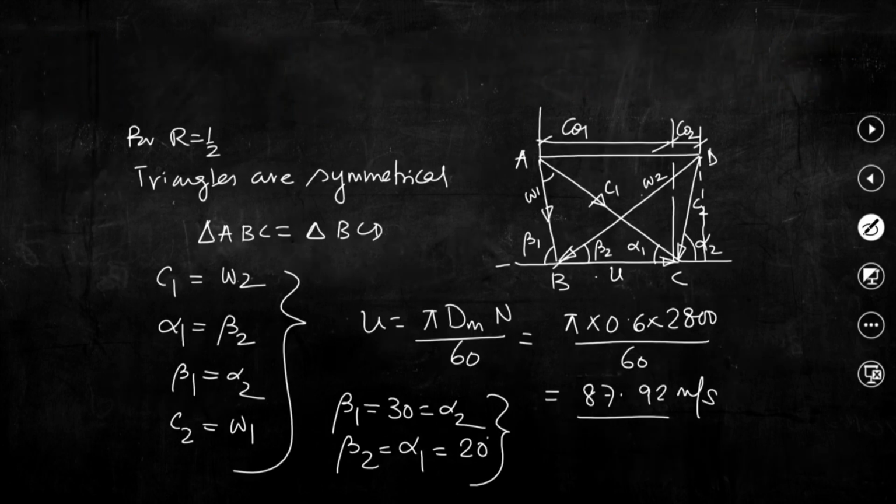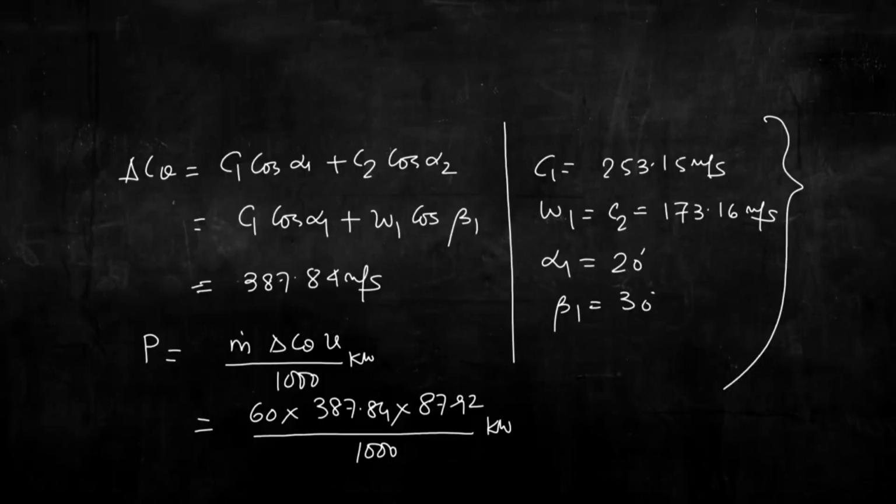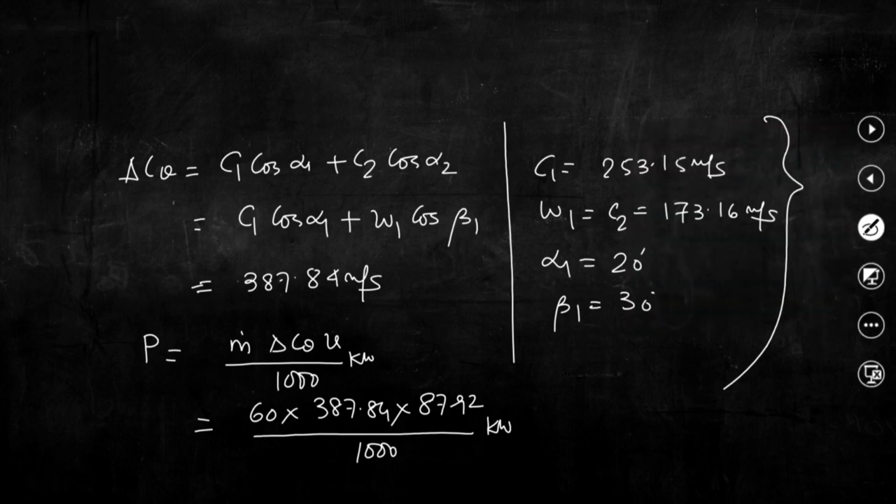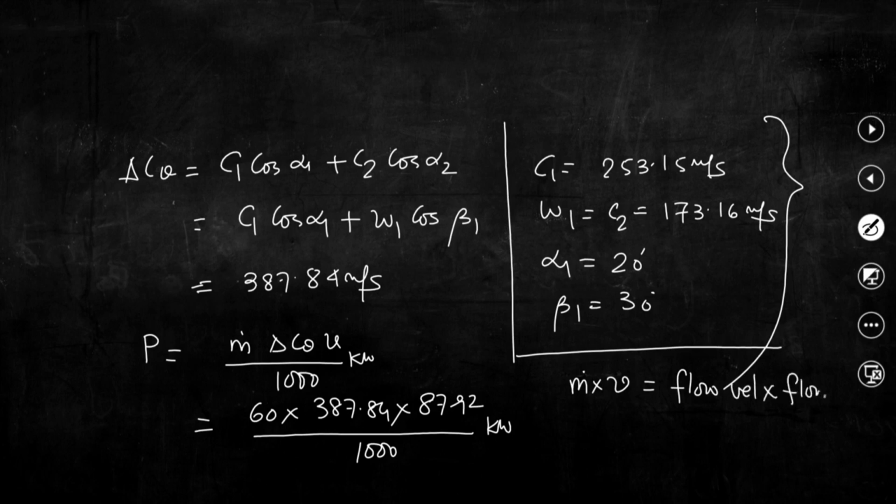Now, let me discuss here that steam will flow. So basically if we write here flow rate of steam, so this m dot into specific volume equal to flow velocity into flow area. M dot into specific volume, that is the flow rate.